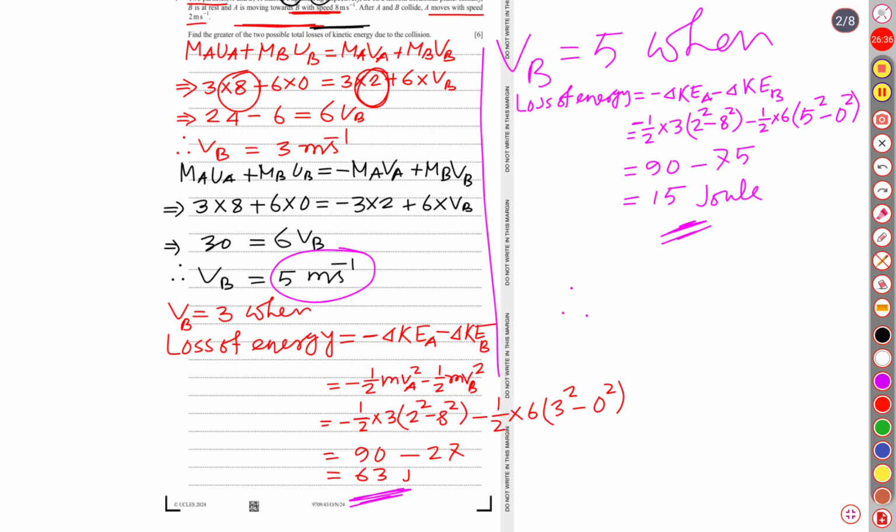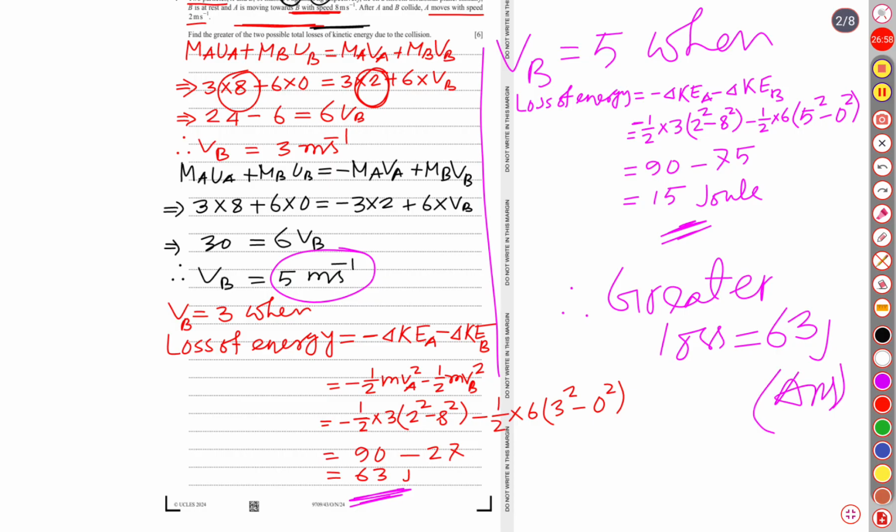Hence the greater loss is equal to 63 joule, and that is the answer to question number 4.